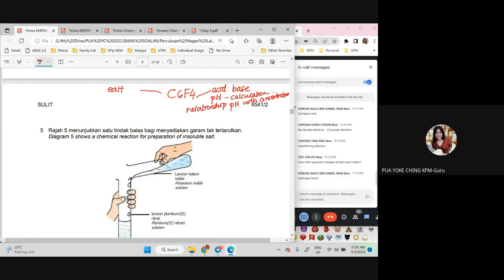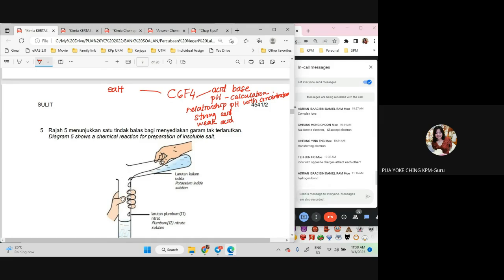And then is your strong and weak acid. It's still under pH. So pH of strong acid, pH of weak acid, and then acid base.